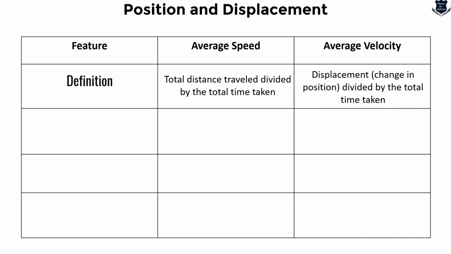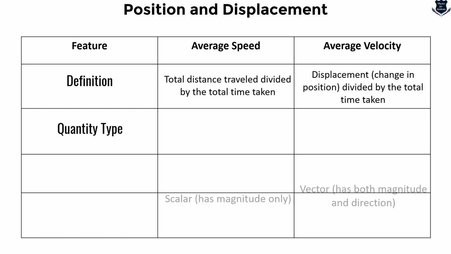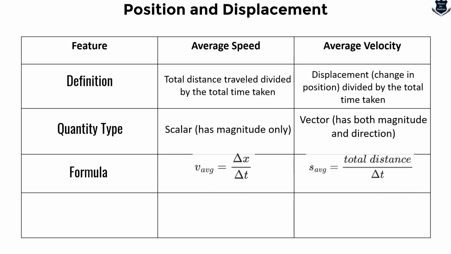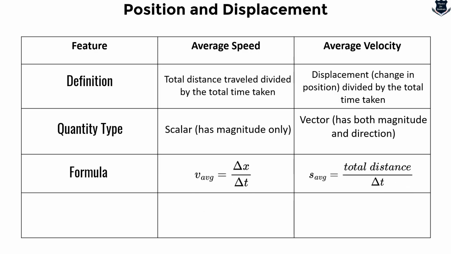The definition: average speed is the total distance traveled divided by total time, and average velocity is displacement divided by total time taken. The quantity: speed is scalar, velocity is a vector. The formula for average velocity is delta x by delta t, and for average speed it is total distance by total time.